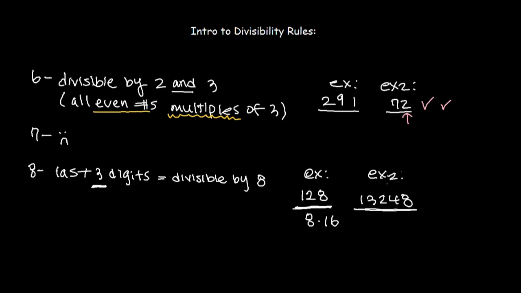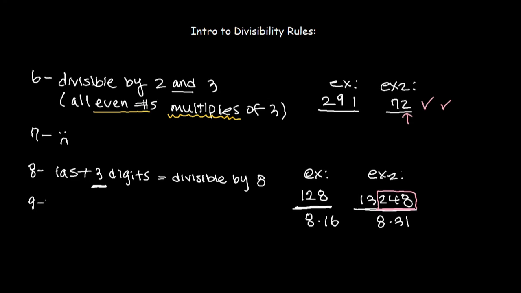Just look at the last 3 digits here. 248. That is obviously divisible by 8 because we know that 8 times 31 is going to give you 248. So instead of just dividing the entire number, the 5-digit number, by 8, you can simply use this trick to take a shortcut. Let's look at the next number, 9.